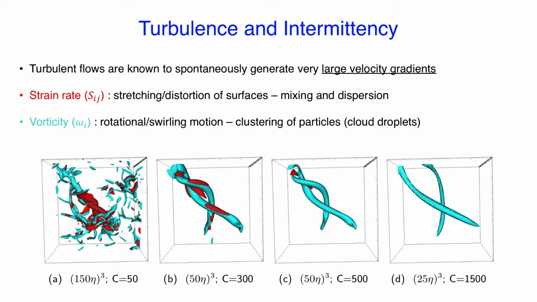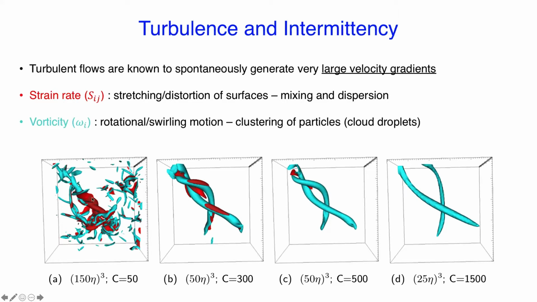The strain rate, for example, characterizes the local stretching and distortion, which is relevant in mixing and dispersion problems, whereas the vorticity characterizes the local rotational motion, which is relevant, for example, to clustering of particles in cloud physics. So here I'm showing some structure of intense strain and vorticity using DNS data.